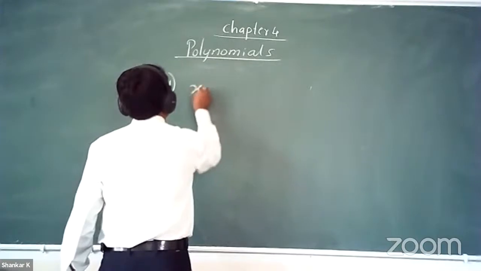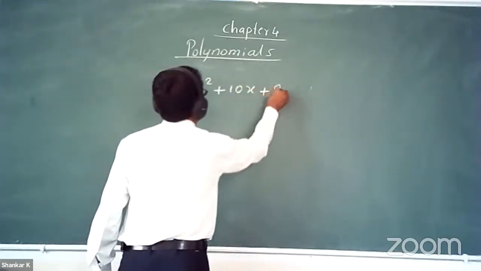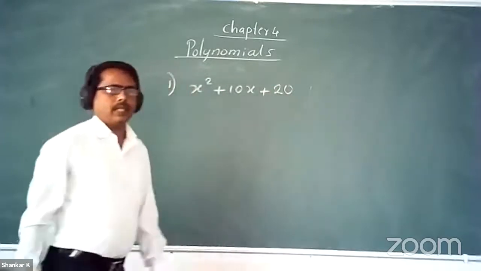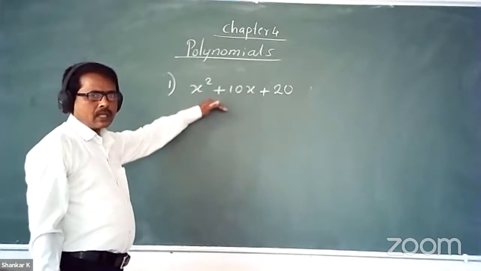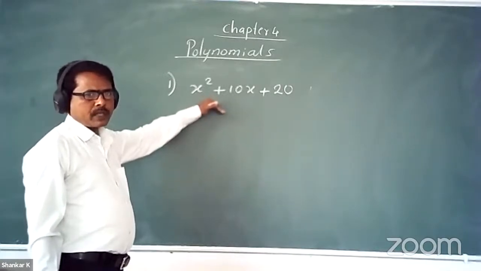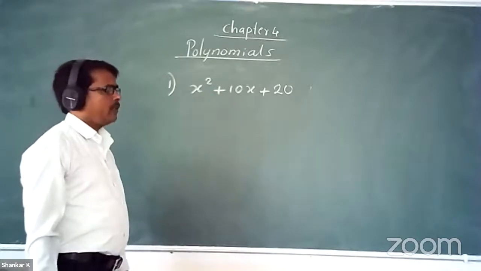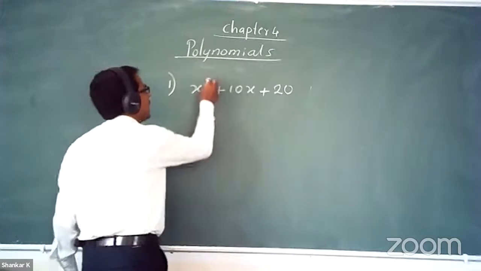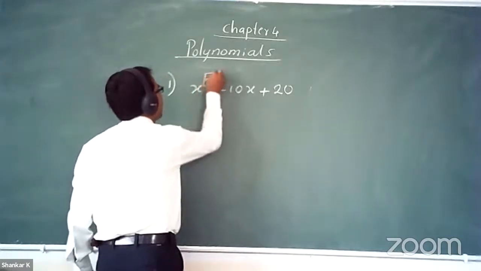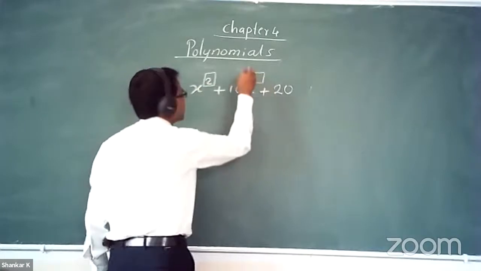Here, x square plus 10x plus 20 is a polynomial. It is an algebraic expression. It has positive exponents. Trinomial, sir? It is a polynomial. Yes, polynomial, it is having positive exponents. The exponent should be positive, first one.